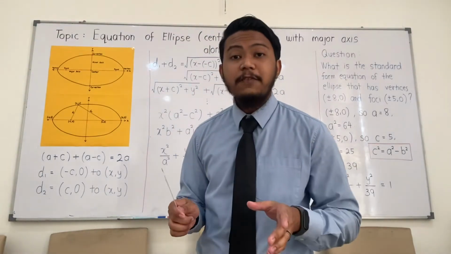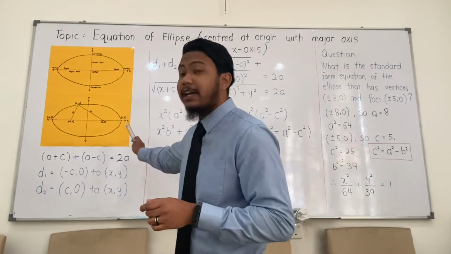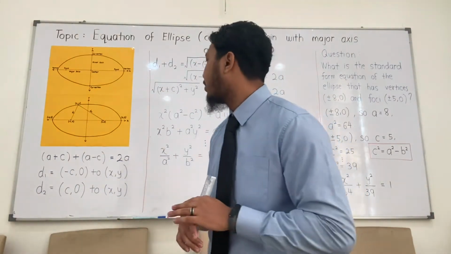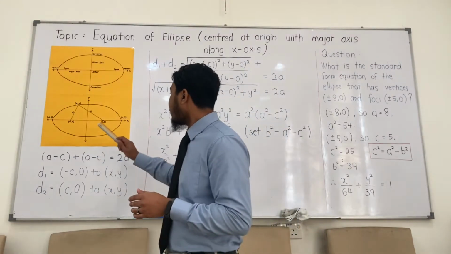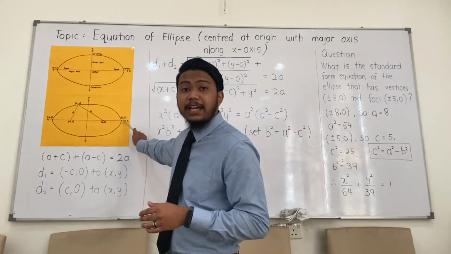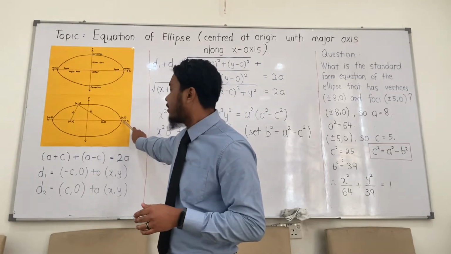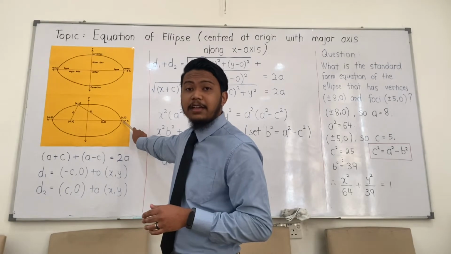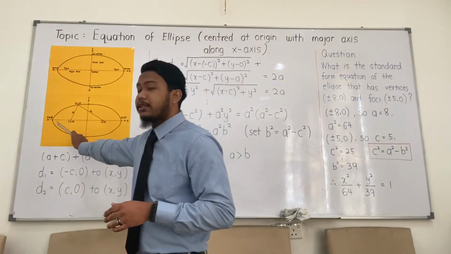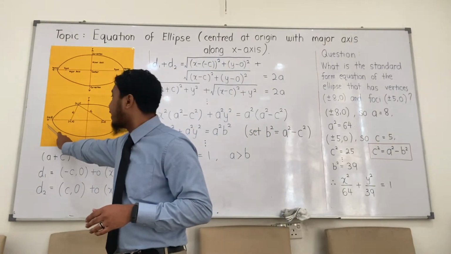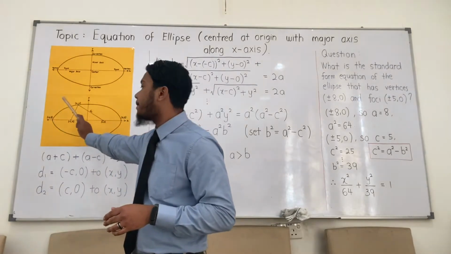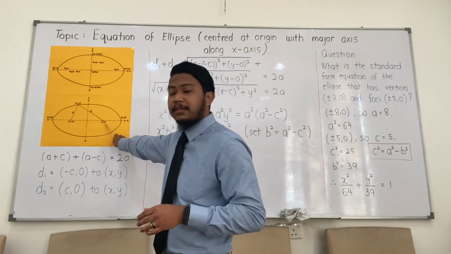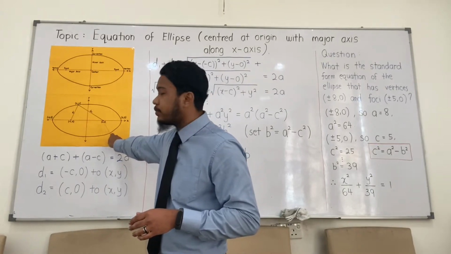Okay, as you can see from second diagram, I have labeled some coordinates. First, on the vertex on the right, I present the coordinate as (a, 0), on the left as (negative a, 0). Then the focus on the right, the coordinate is (c, 0).